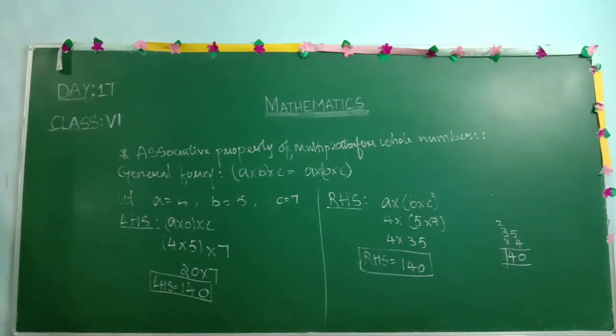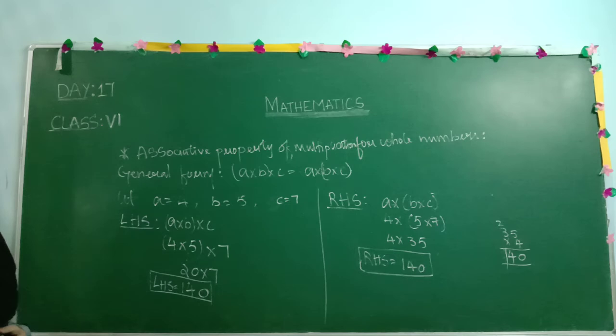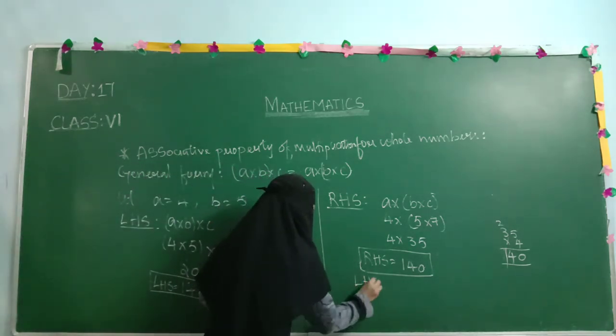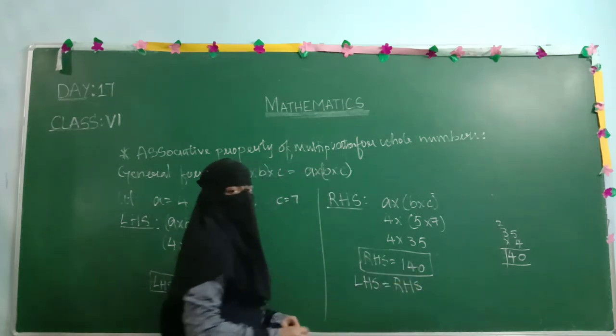So what you have observed here, LHS and RHS are again equal. They are equal under which operation? They are equal under multiplication. In the previous problem also, under addition, we checked that the LHS and RHS are equal. So how are we going to conclude the final statement? We need to write LHS equals RHS.